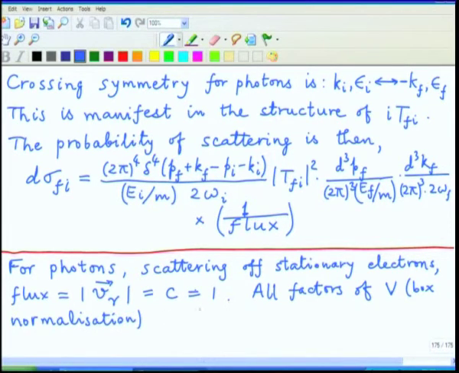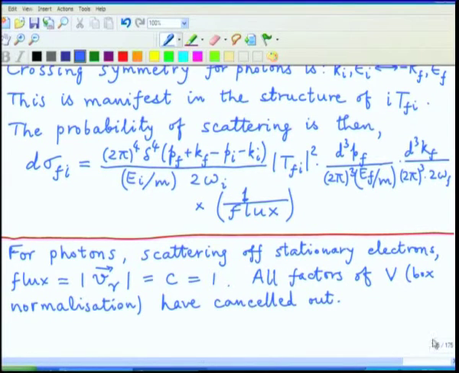I have not bothered to write them down because they already cancel out, as they should in any physical observable quantity. So, we just have to tackle these delta functions.